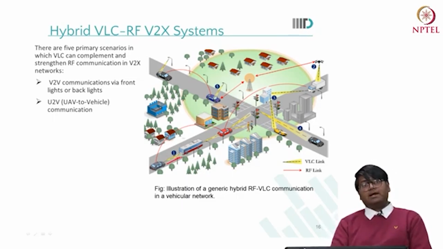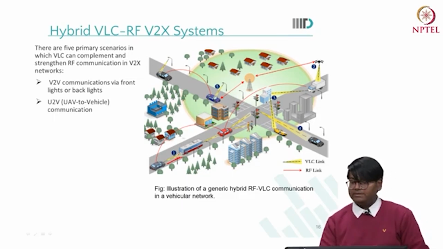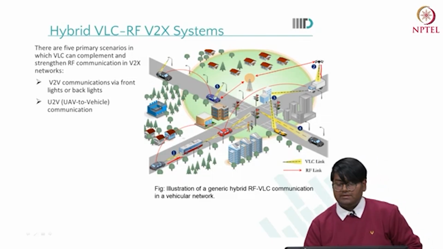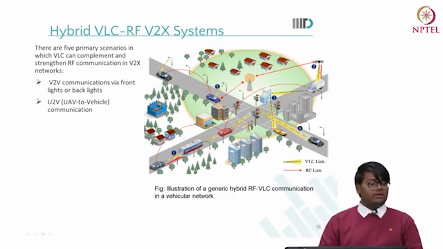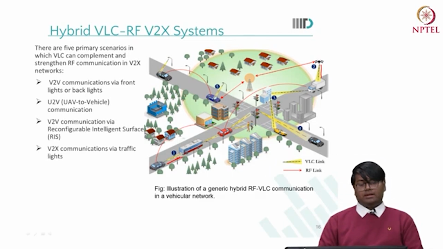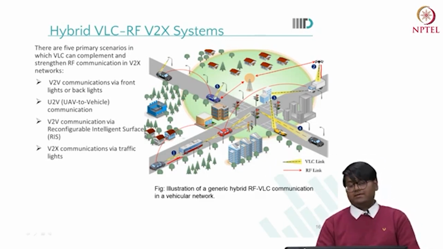Secondly, we can also have UAV to vehicle type of communication. Then we can also have vehicle to vehicle through reconfigurable intelligent surfaces, or RIS.